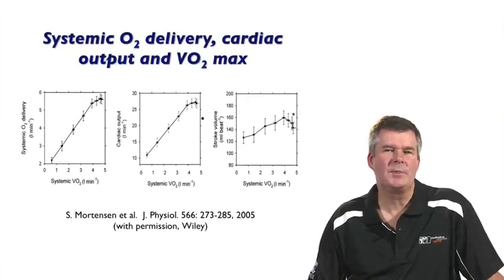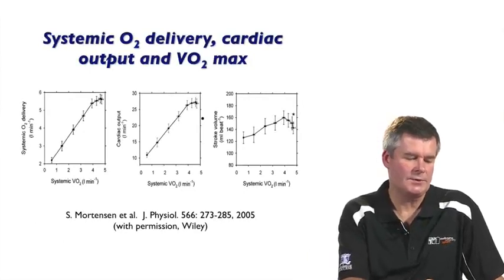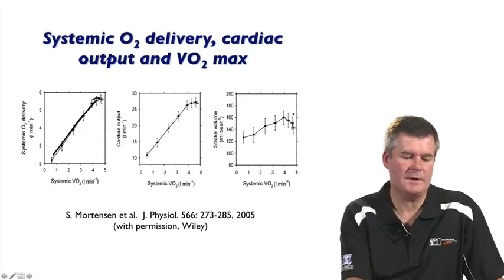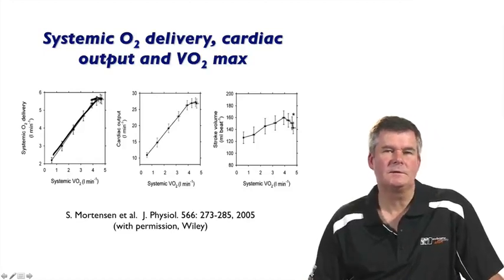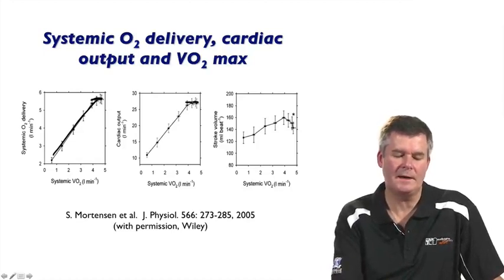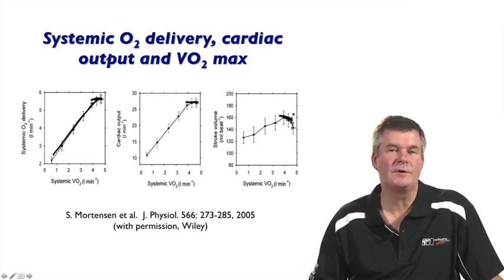There is a plateau in oxygen delivery, and here's the relationship that I showed you earlier between oxygen delivery and VO2. And you can see at the higher intensities here, this leveling off. And this corresponds with a leveling off in cardiac output. The reason that cardiac output levels off is that stroke volume has leveled off or even declines slightly at maximal exercise.